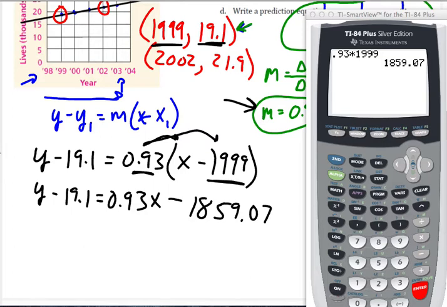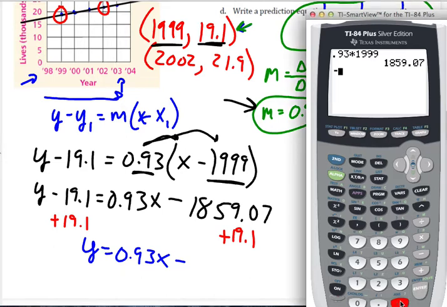Next step is solve for y. So I'm going to add 19.1 to both sides. And I'm going to get y equals 0.93x minus, because I have more negative than positive. We've got to be careful when we plug this in. We have to use the negative button down here.